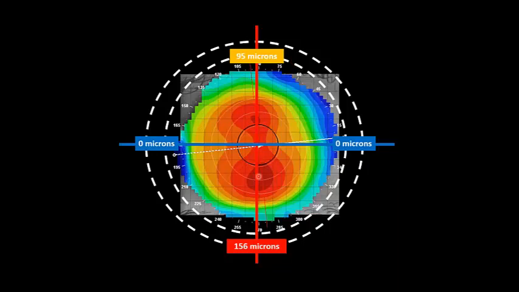So if you imagine a with-the-rule cornea being steepest along the vertical and flattest along the horizontal, the sclera is generally similar in shape, but not always. The important fact here is there's about 150 microns of toricity. So the eye has a very slight depth difference around the sclera of about 150 microns.